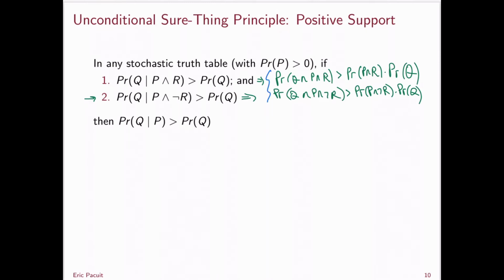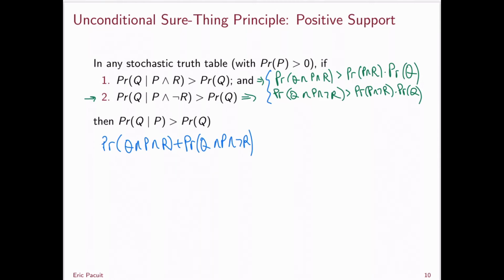So the sum of the terms on the left-hand side of the inequalities is the probability of Q and P and R plus the probability of Q and P and not R. Now, Q and P and R is mutually exclusive with Q and P and not R. There is no row of any truth table in which Q and P and R and Q and P and not R are both true.